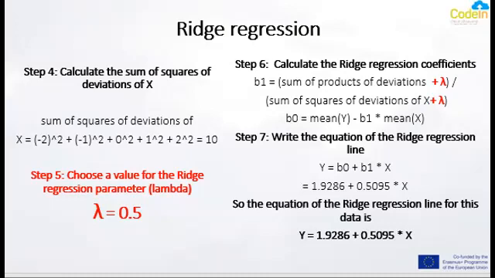In general, larger values of lambda result in greater shrinkage of the regression coefficients towards 0, which can help prevent overfitting to the training data, but may also result in underfitting. Smaller values of lambda result in less shrinkage and may lead to better performance on the training data, but can also result in overfitting. The optimal value of lambda thus depends on the specific data set and the trade-off between bias and variance.